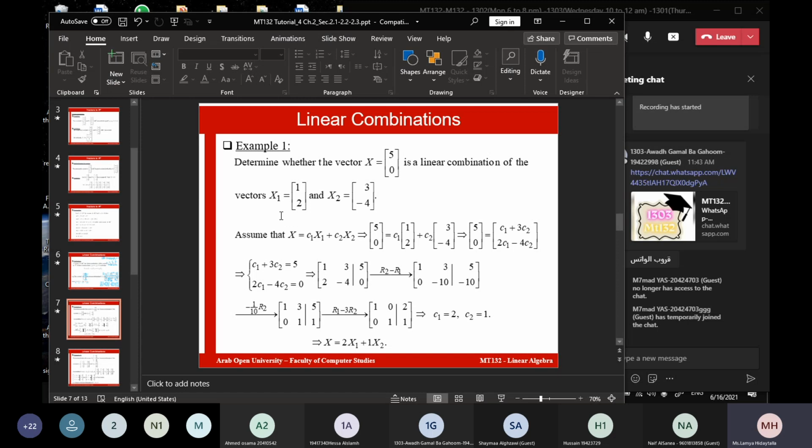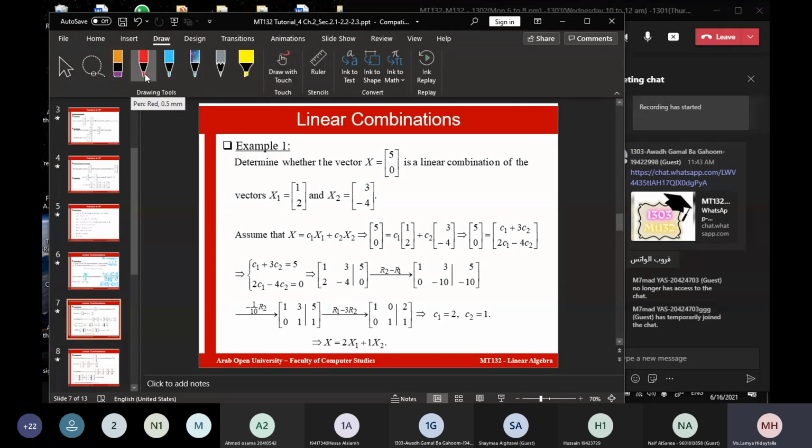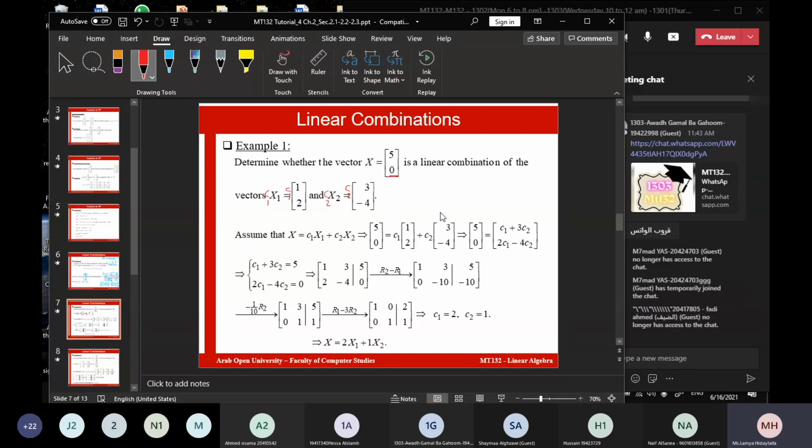That means I need constants c1 and c2 such that when I multiply this one by the first number and this one by the second number, I get that vector. So I assume I have c1 here and c2 here.